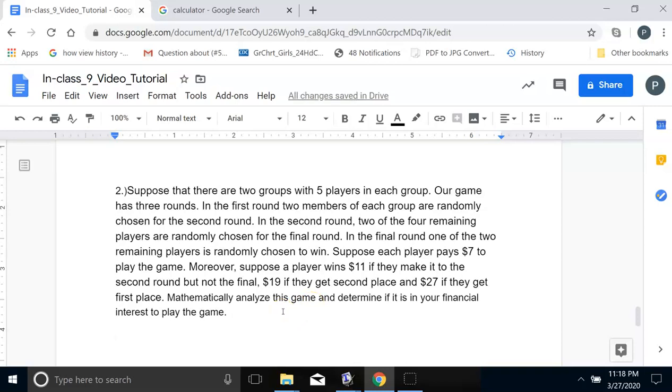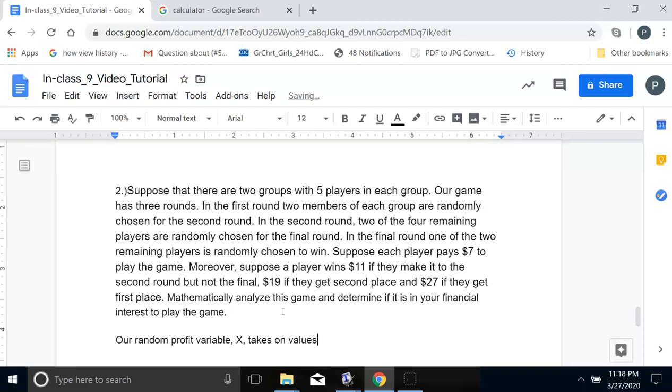So first thing to note here is, let's look at our random profit variable, let's call it X, and the values it takes on.